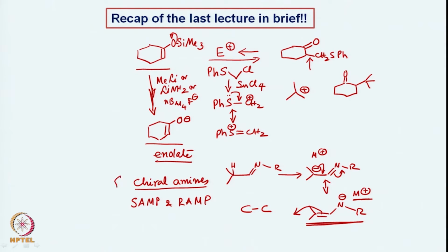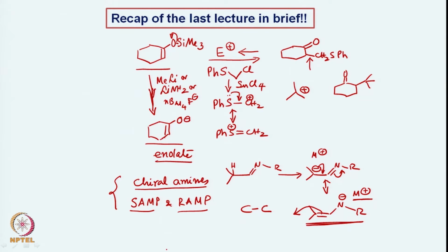That is exactly what is done in the case of the chiral amines, SAMP and RAMP, where the methoxymethyl group attached onto the nitrogen is useful for chelation and thus guides the asymmetric induction.